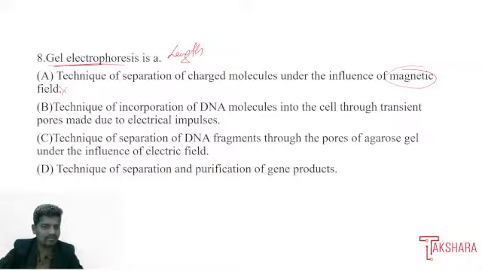And the technique of incorporation of DNA molecules into a cell through a transient pore made due to electrical impulses. Here we introduce foreign DNA into a host or a specific organism by supplying electrical impulses, forming a transient pore, and incorporating the DNA. So without using a vector, we introduce the DNA into the particular organism.